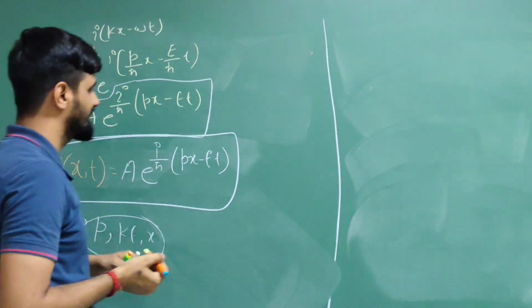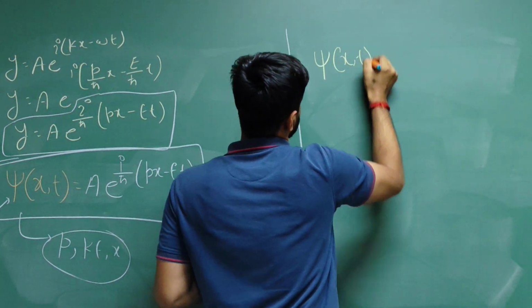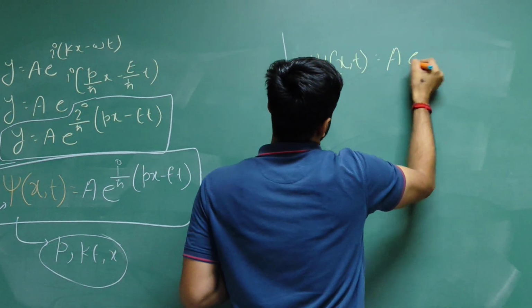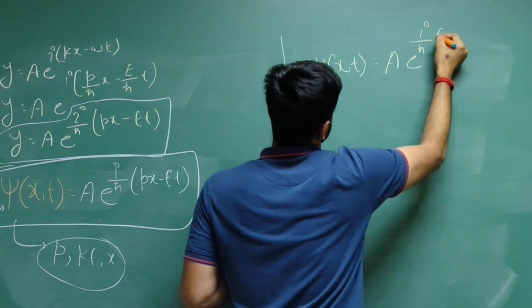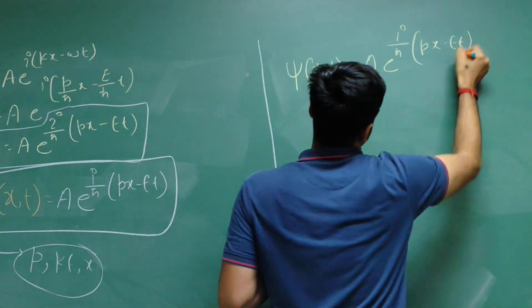So now we have this wave function, psi of x, t, that is equal to A e to the power i divided by h cut (px minus Et).